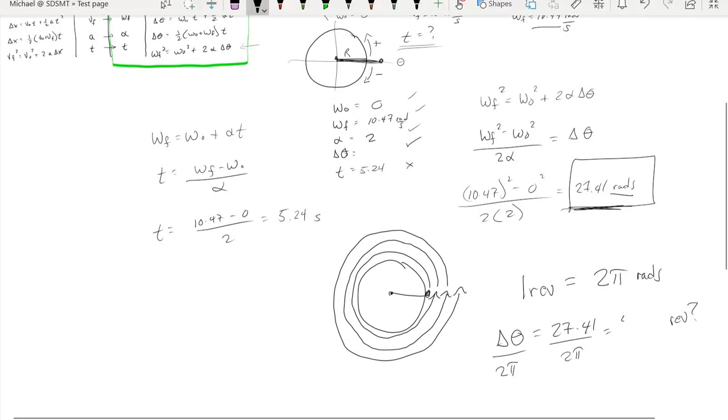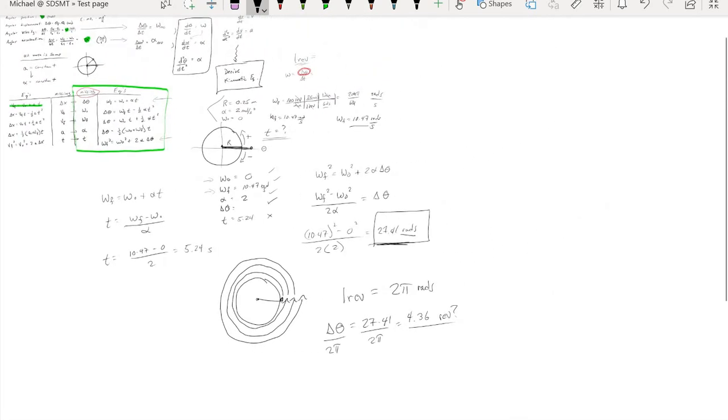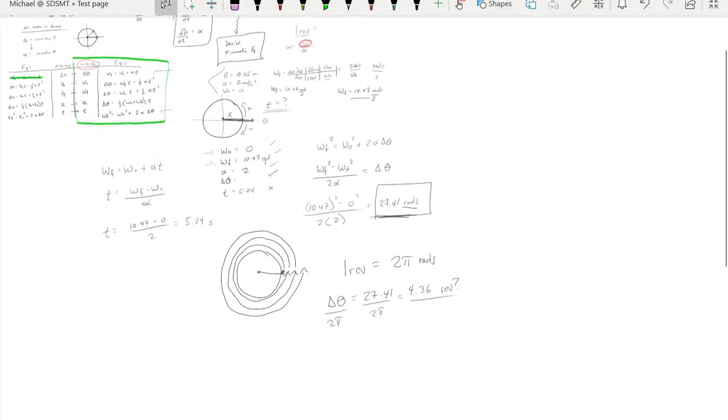This comes out to be approximately 4.36 revolutions. So this wheel has spun just over 4 times as it was going from 0 to 10.47 radians per second. Okay, so the wheel has gone through 4.36 revolutions.